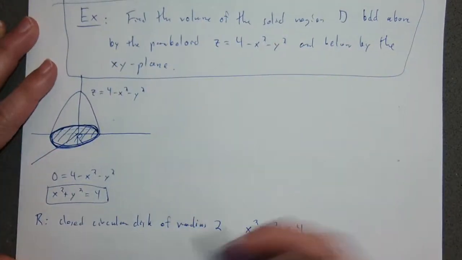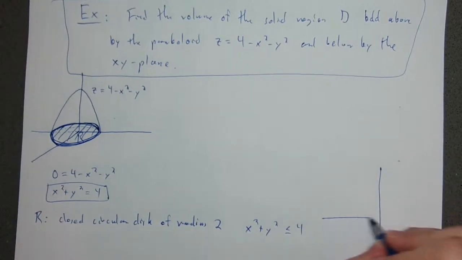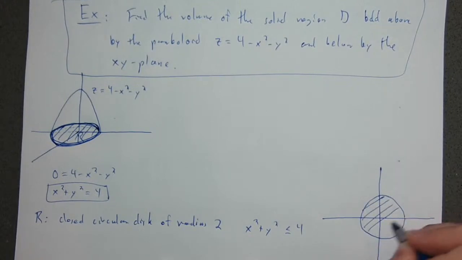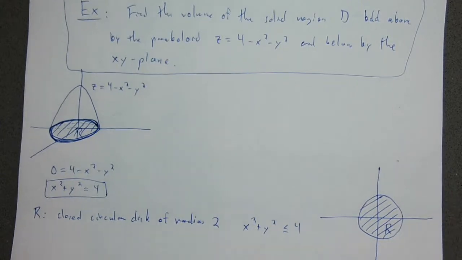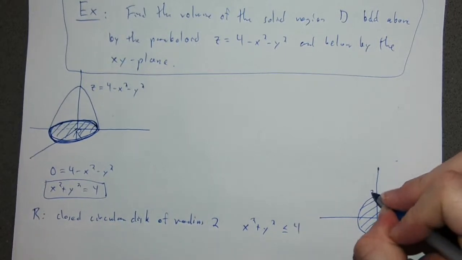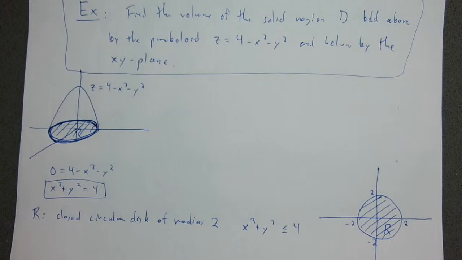In the xy plane, what does this region R look like? Well, it looks like this. There's my region R. And here's 2, and here's 2, and here's minus 2, and here's minus 2. What kind of region is this?